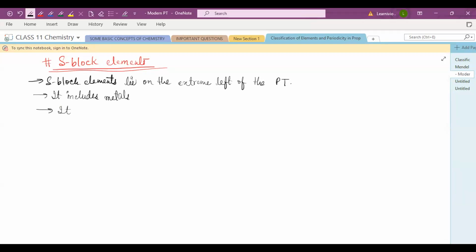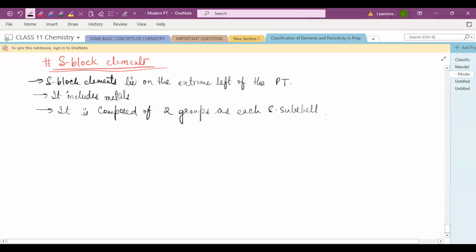That's why they are composed of two groups, as each S subshell can have a maximum of 2 electrons.